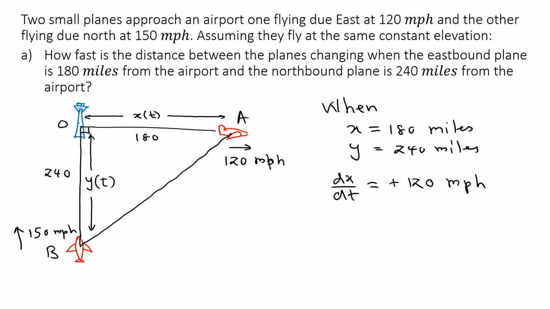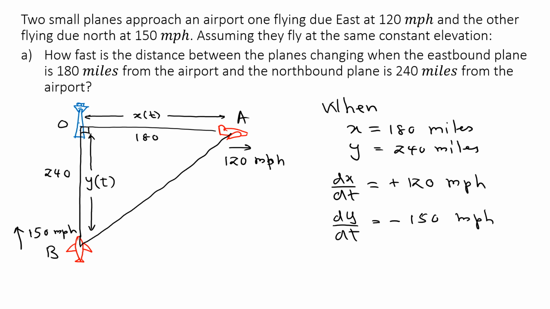And if you look at plane B, it's going north. When it's going north, you can see y(t) is getting smaller and smaller. So dy/dt is negative because it's getting smaller. 150, a negative slope, so negative 150 miles per hour.